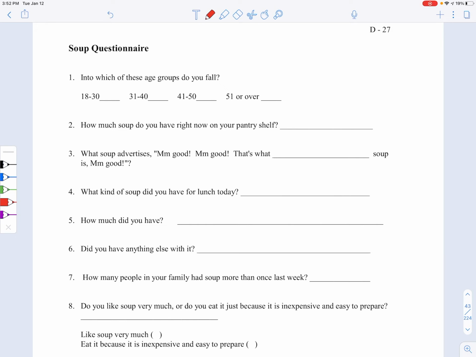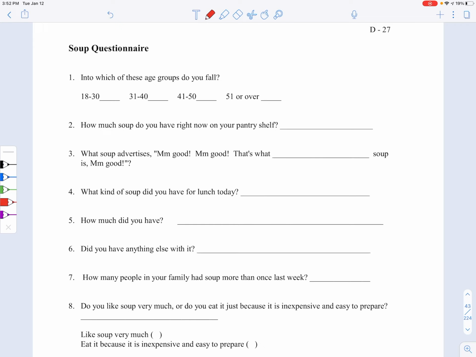So the word kind of soup is very ambiguous. What do we mean by that? Number 6, did you have anything else with it? And what do we mean by that? Are we talking about something that we ate, something that we drank? Could I put down that I read the newspaper with it, or that I talked to a friend on that?